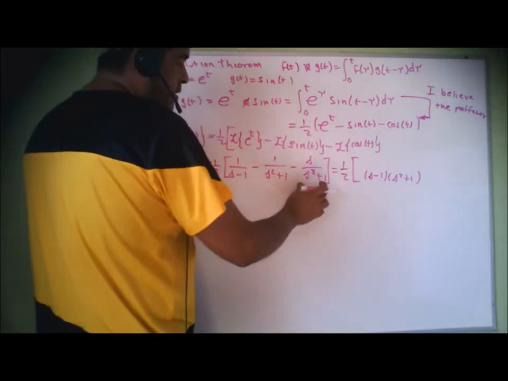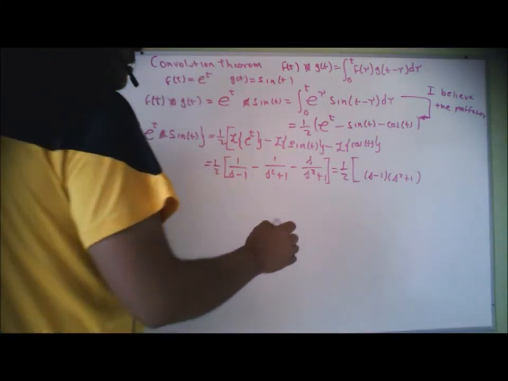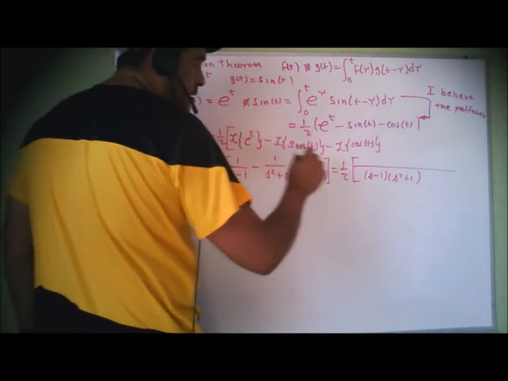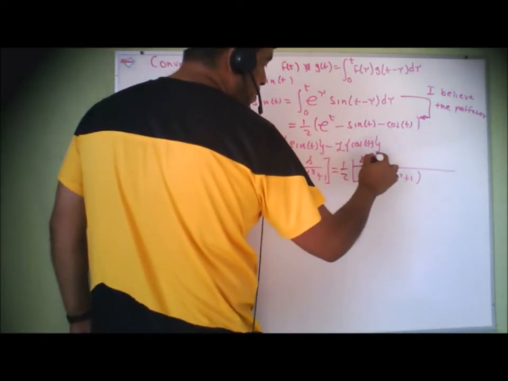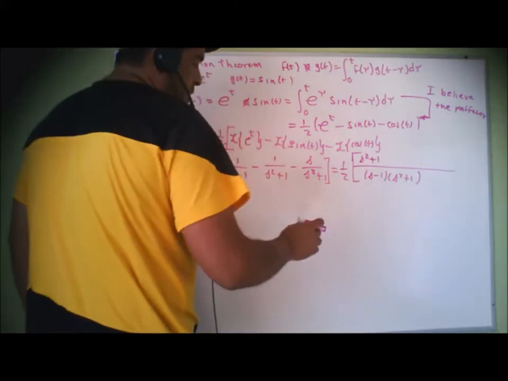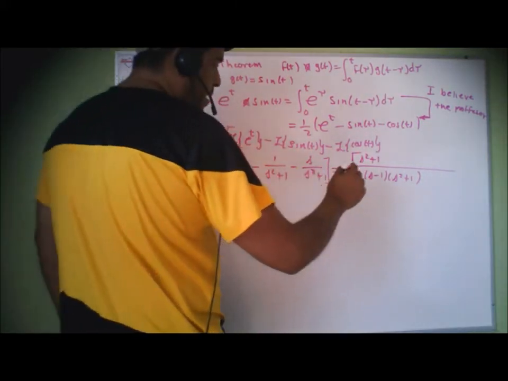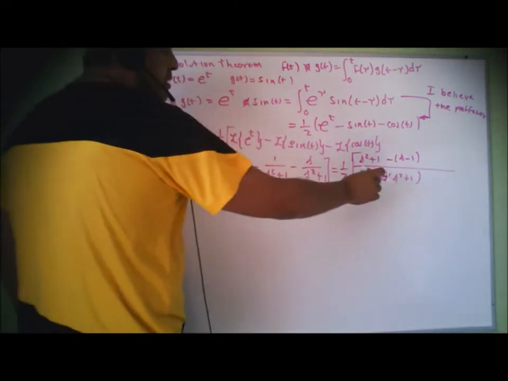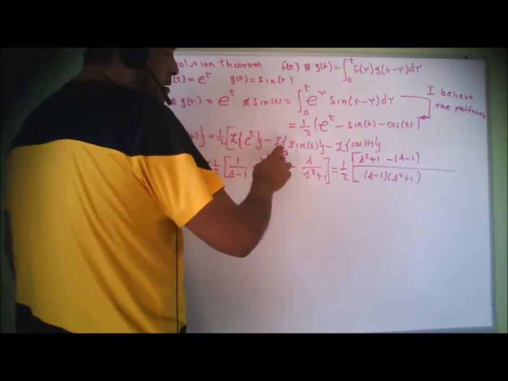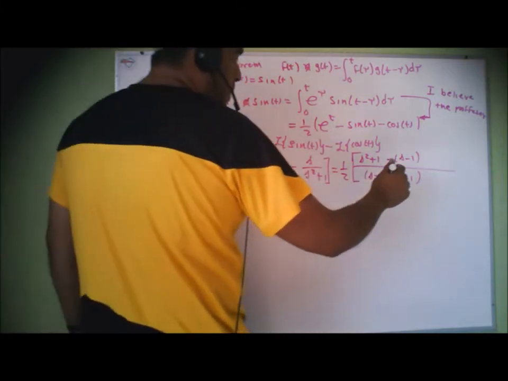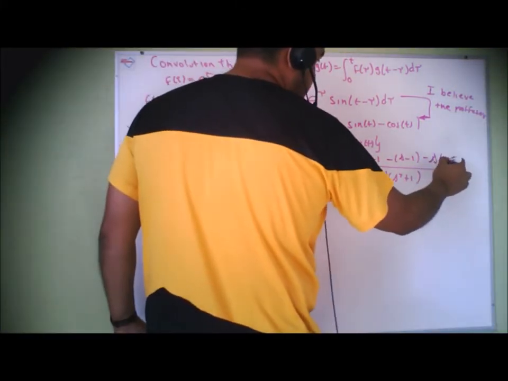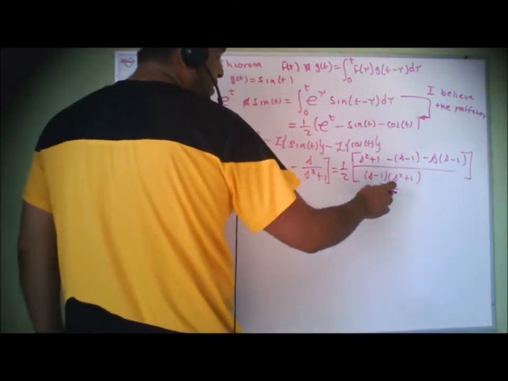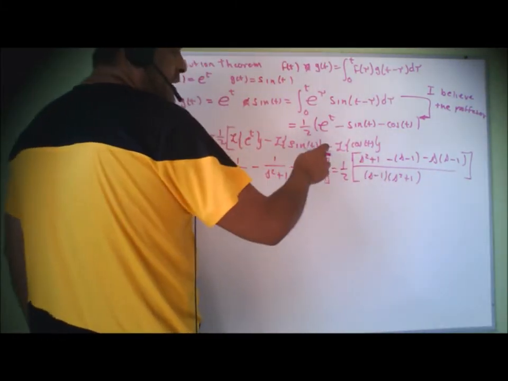This divided by this is just going to be s squared plus 1, and then minus s minus 1, and then minus s times s minus 1.